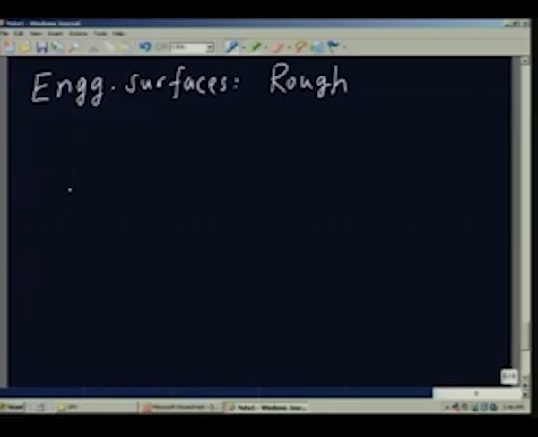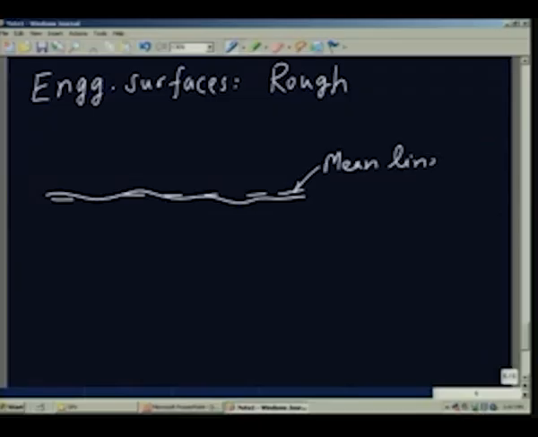Let me just draw a rough surface. A rough surface will show some kind of undulations. Even though the surface is straight, it is a planar surface, this is the mean line, but the surface itself shows undulations.